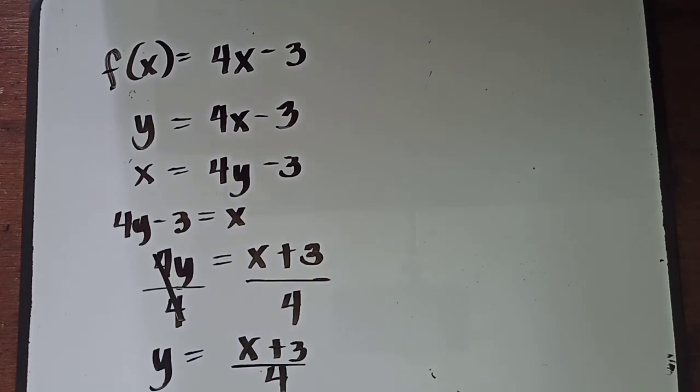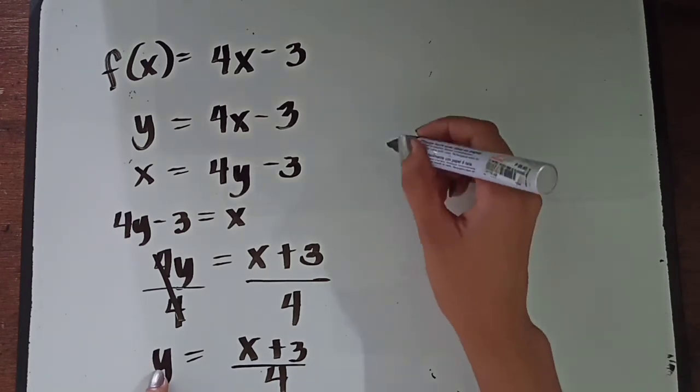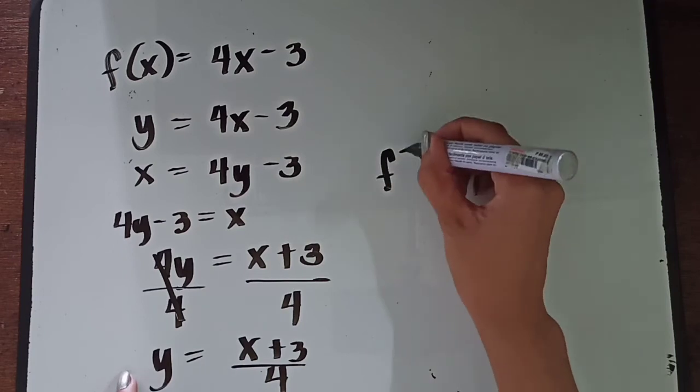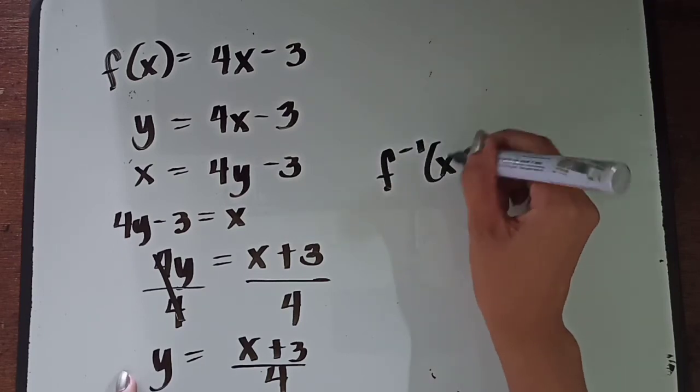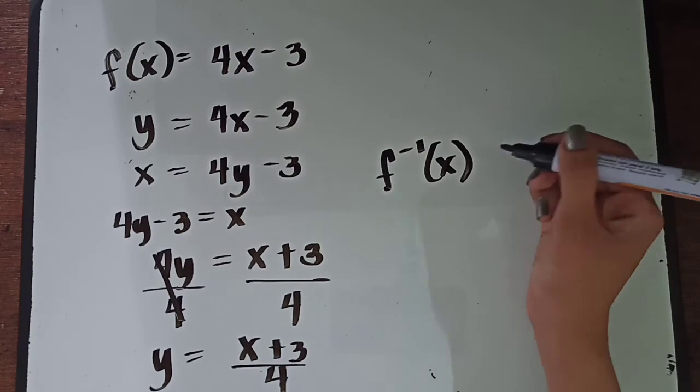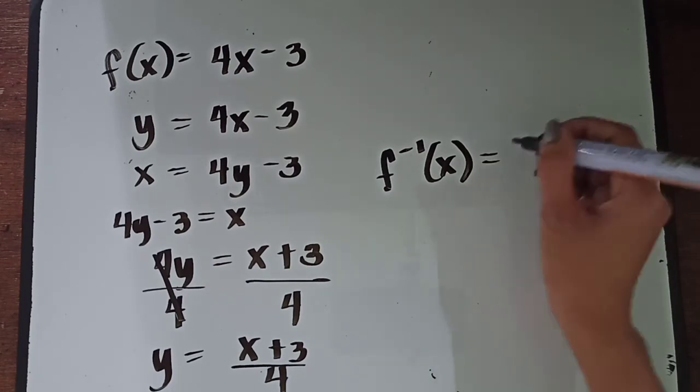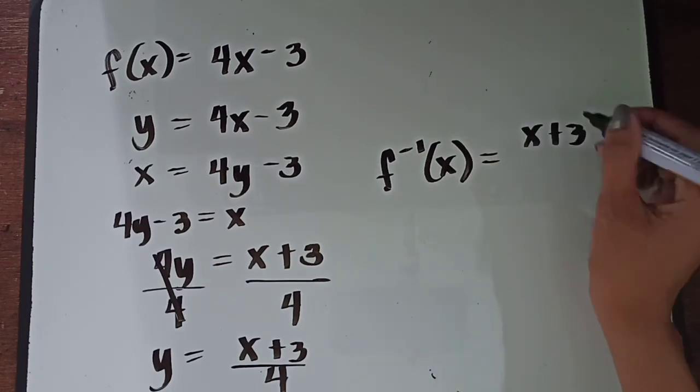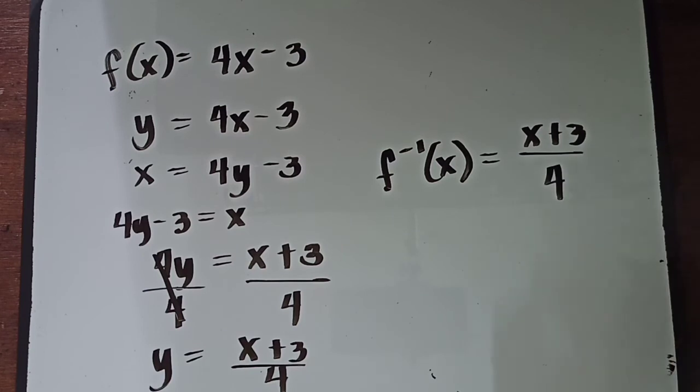Okay, so since it is already in the form of y in terms of x, ibig sabihin po, y na lang ang natira sa kaliwa. Wala nang ibang kasama si y. Yung y ay pwede ko nang palitan ng f inverse of x, or f raised to negative 1 of x, is equal to x plus 3 over 4.